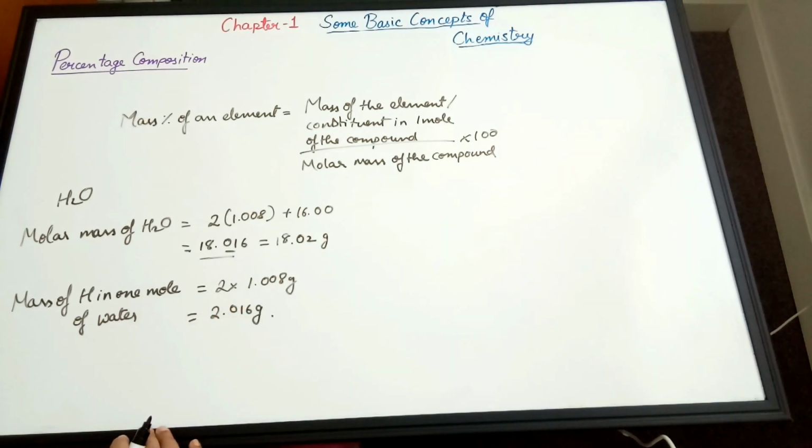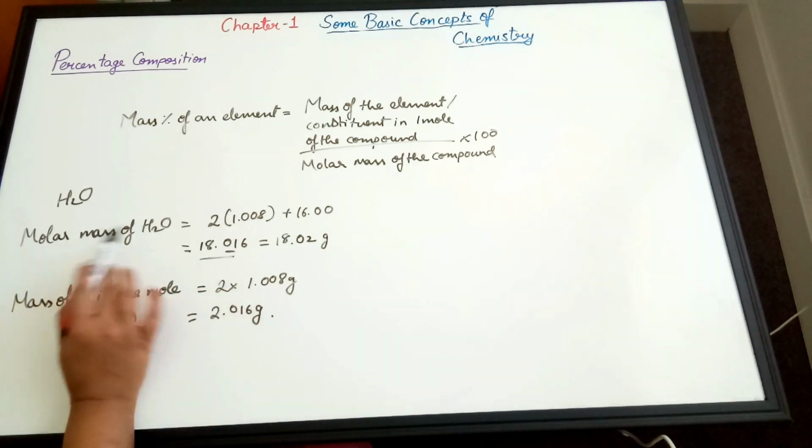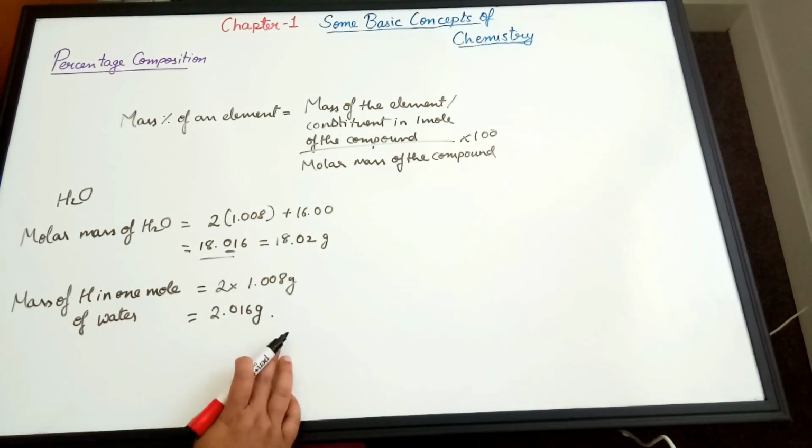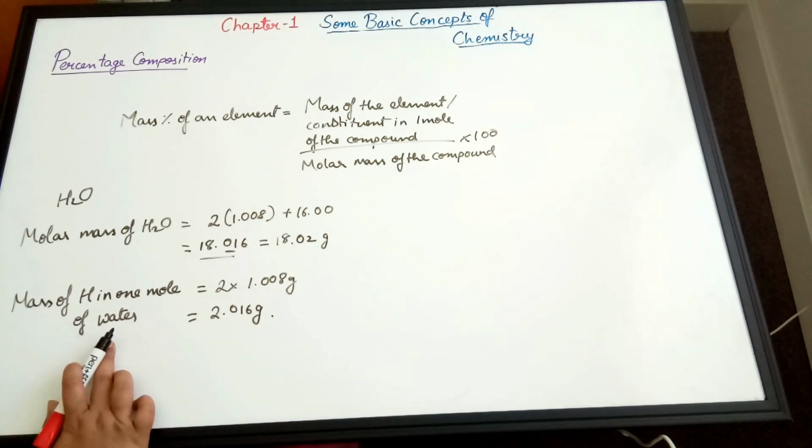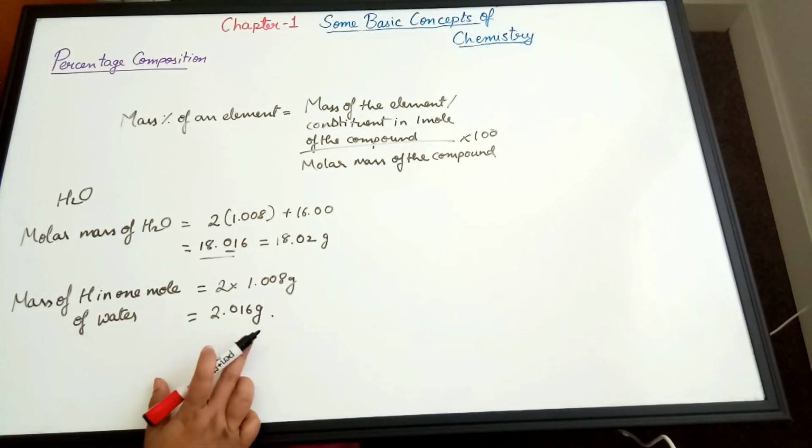Now we are just multiplying the number of hydrogen atoms in 1 mole and converting into grams, because 1 mole of a particular substance will be equal to its gram atomic mass. If you do not know this, do check out the video on molecular mass and the mole concept. So the mass of hydrogen in 1 mole of water is 2.016.